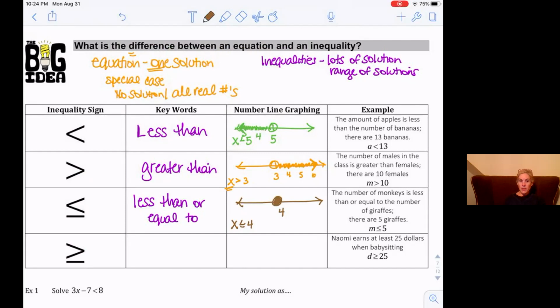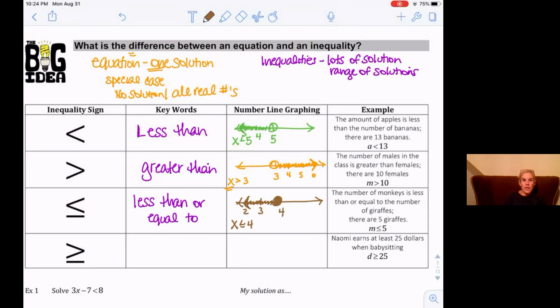And then we want values that are smaller than 4, so numbers like 3 and 2 and 1 and 0. Basically anything to the left of 4. So we would darken that part of our graph and then make sure you put an arrow on the end so that you know it's going to continue in that direction.